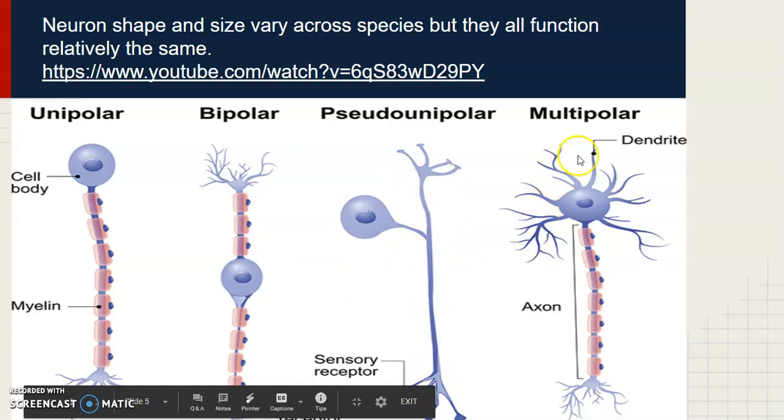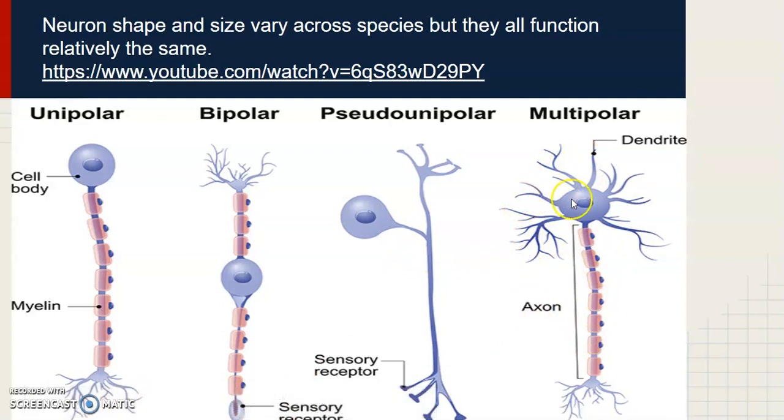And then multipolar. This is the one I've shown you. This is the one I've talked to you about. But in my anatomy class, we learn what each type of these do. This one is actually one of the reasons you feel pain. This guy is one as well. And then there's motor neurons, there's sensory neurons, all kinds of different ones.